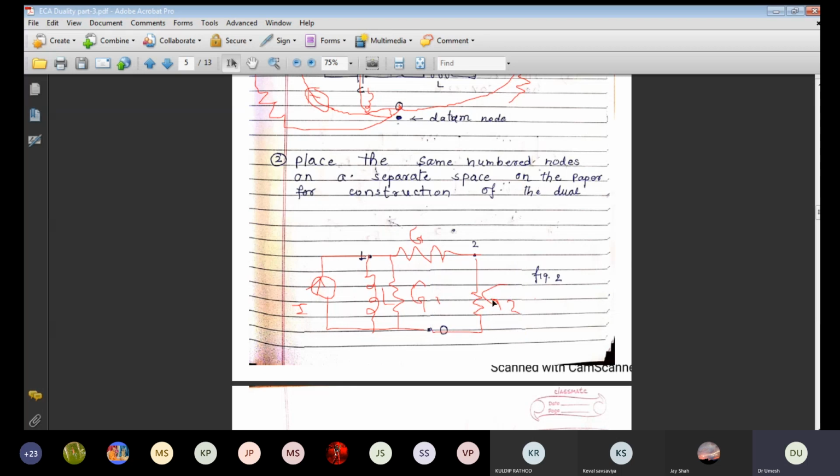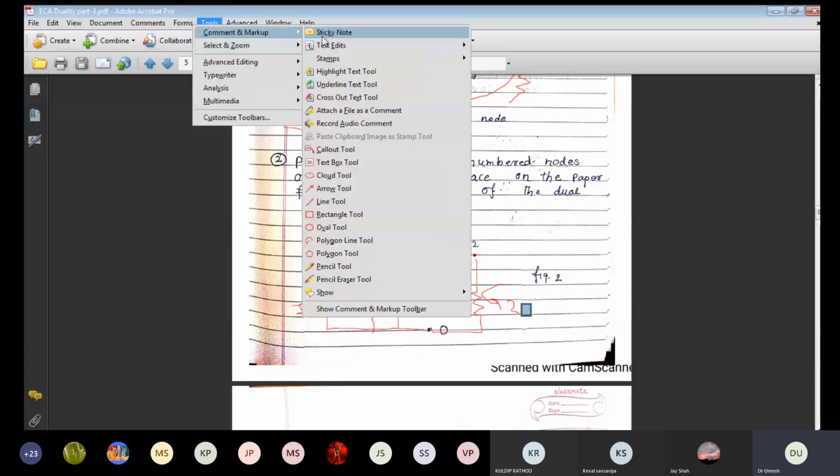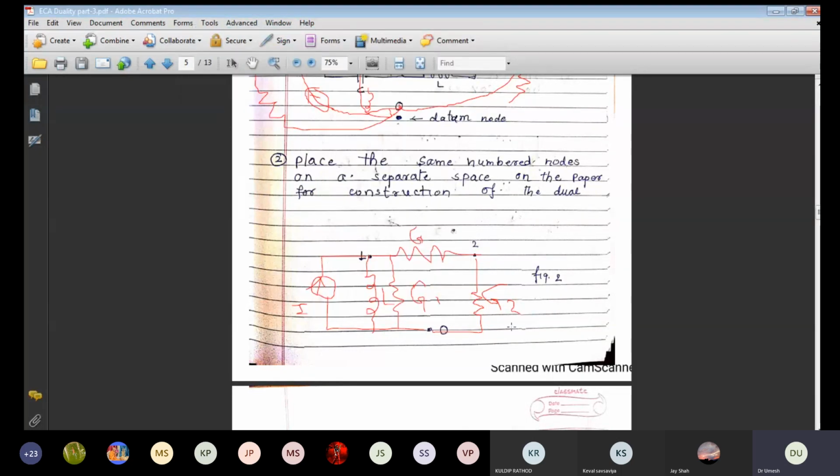Okay. This is G3. I have to connect again.